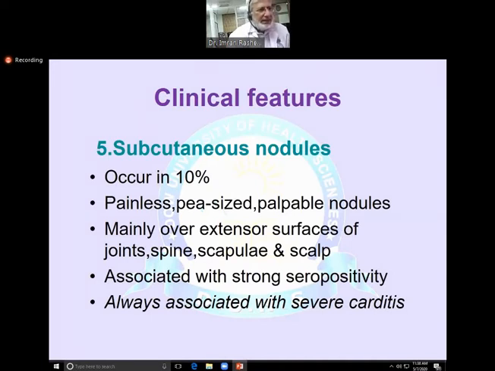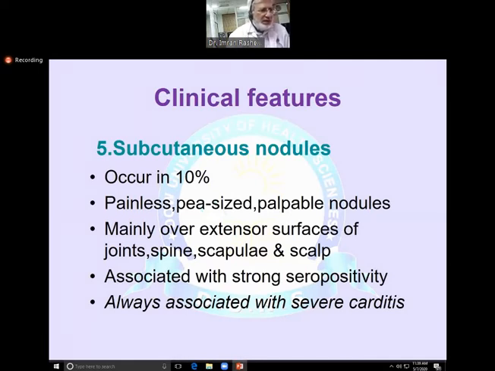They are painless, pea-sized, palpable nodules, and they are mainly present over extensor surfaces of joints, spine, scapulae, and scalp. And they are associated with strong seropositivity, meaning that the ASO titer, anti-streptococcus O titer, will be markedly increased in those children of rheumatic fever who are having subcutaneous nodules. And they are always associated with severe carditis.